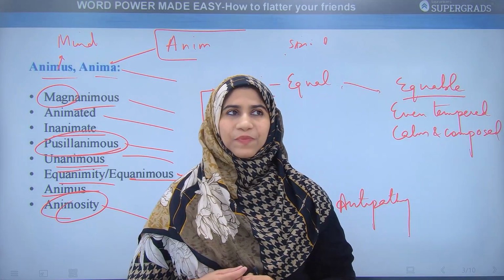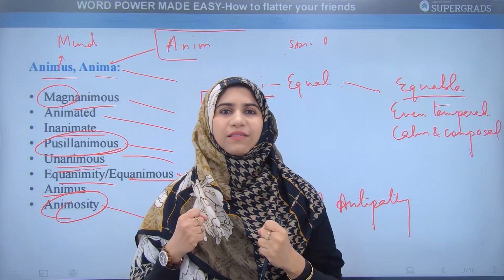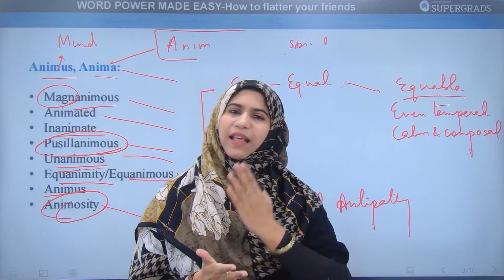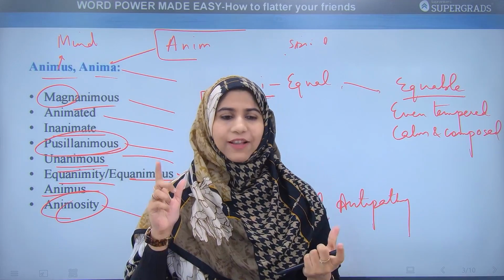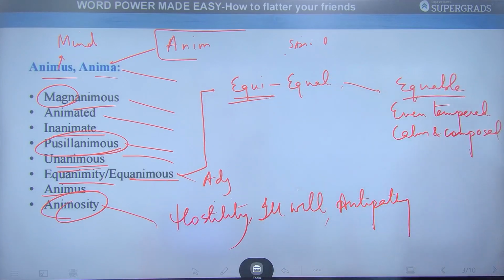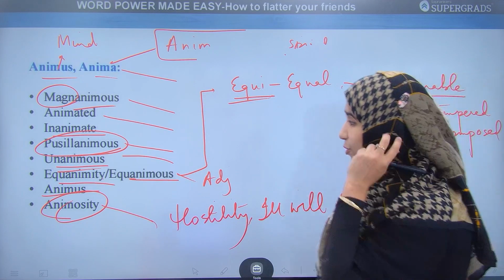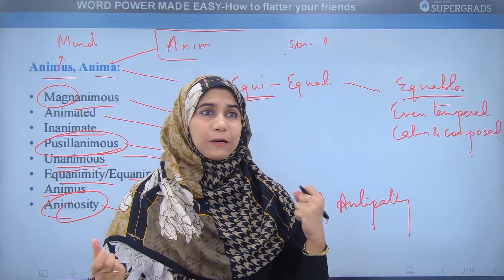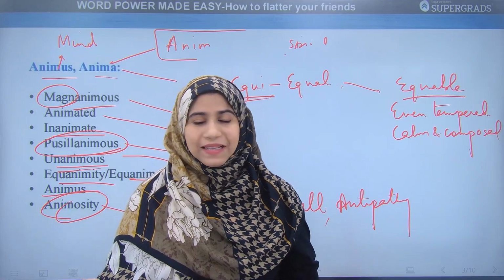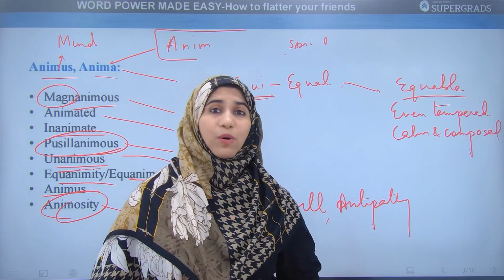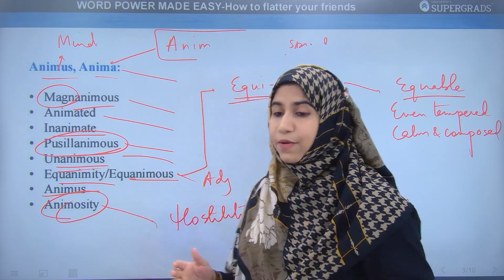When your soul and your spirit just doesn't come together. जब आपका किसी से दिल नहीं मिलता, दिमाग नहीं मिलता, आपकी frequency match नहीं होती है, that is when you have animosity for the person, right? You don't like the person, you are against them all the time. There is a kind of friction between you, and all kinds of negative feelings and ill will and malice harbors in your mind. This is your animosity.